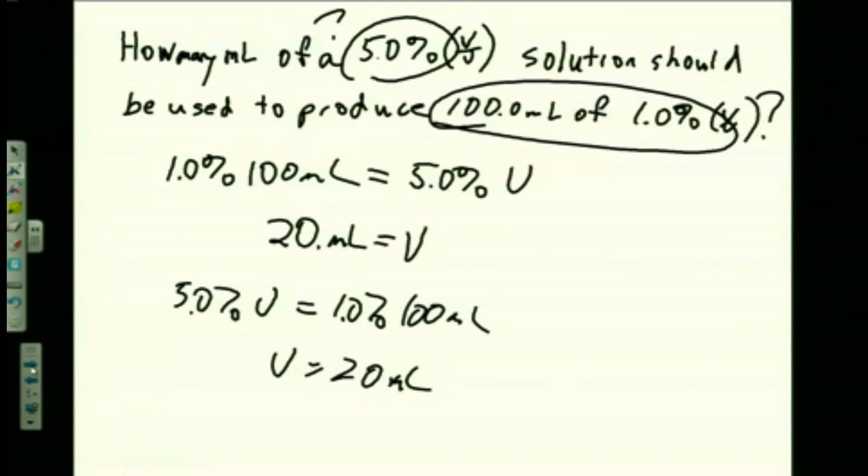The volume in this case told me my final volume was 100 milliliters. So I would take 20 milliliters of the 5% solution, put it in a flask, and then add another 80 milliliters of solvent to dilute it. Okay? That's exactly how you do this. Does that make sense? A little bit?